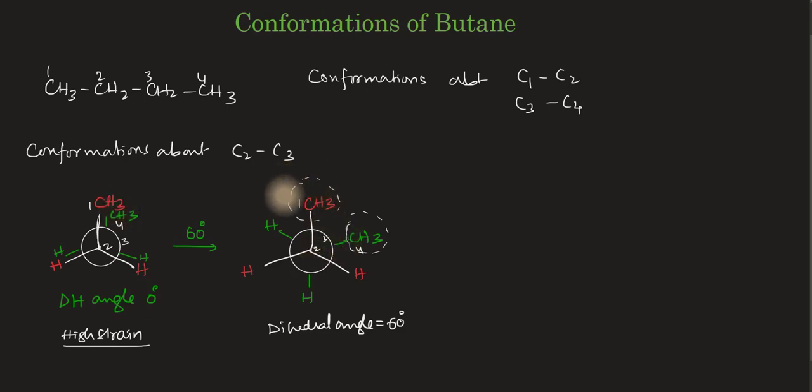These alkyl groups which are interacting here, the CH3 groups, will offer steric strain. That steric strain is less here, and the torsional strain is also less, but it is not minimum here because there is still interaction.